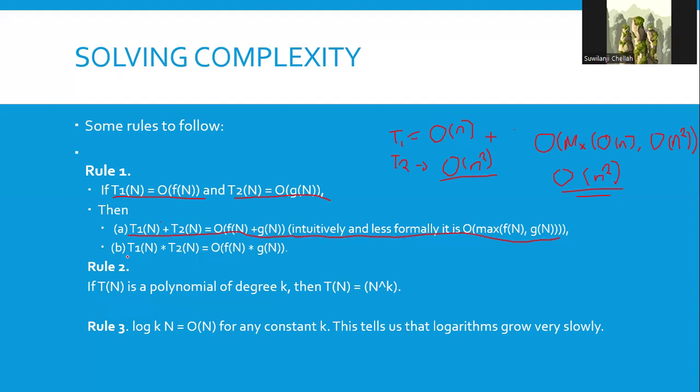Okay, then when we are multiplying these, let me do this here so that I can save space.